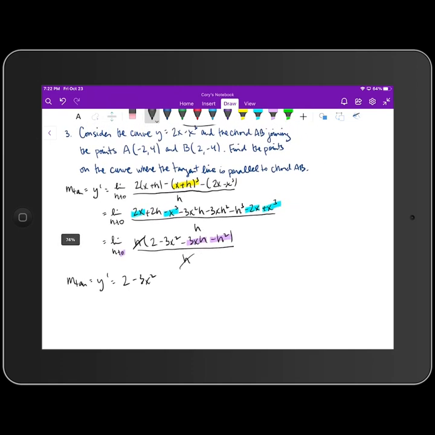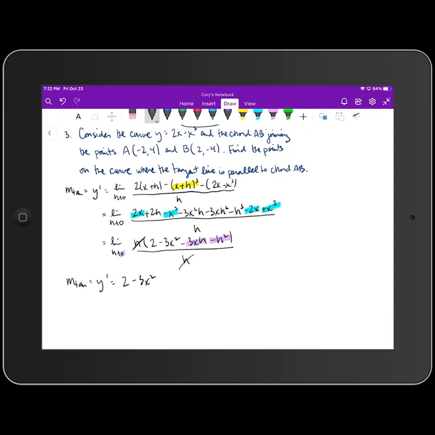Okay. Now, if we want the tangent line to be parallel to chord AB, so if I want the tangent line to be parallel to the line that passes through those 2 points, I'm going to calculate the slope of the line that passes through those 2 points.